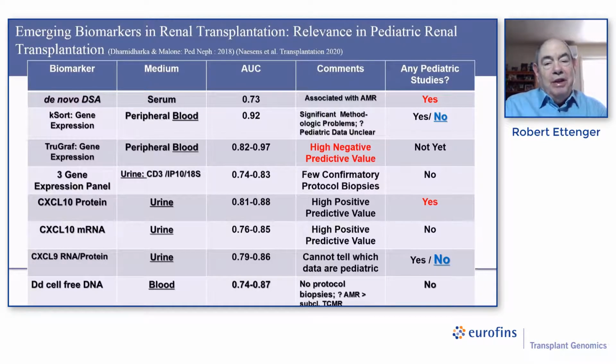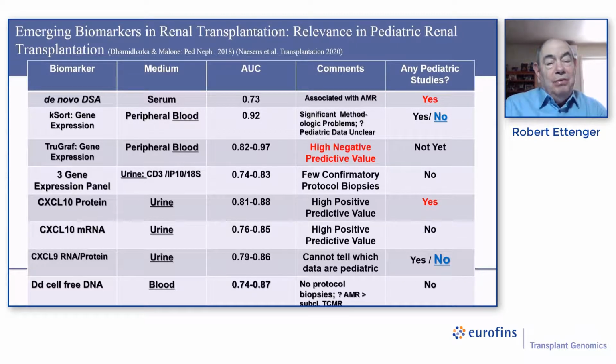So while children sort of officially are in these studies, there really is no good data that tells us whether we can use these biomarkers in pediatrics to examine or to look for subclinical rejection. I've listed the others there for you.